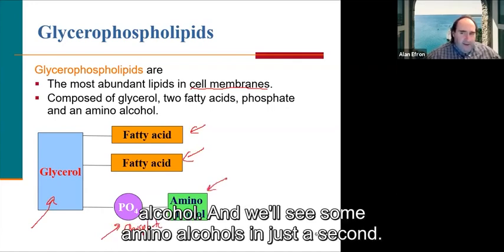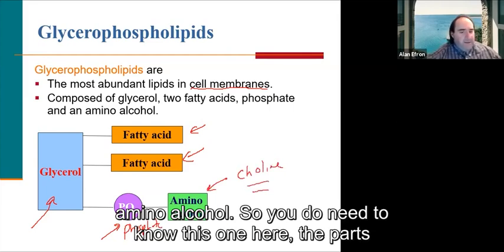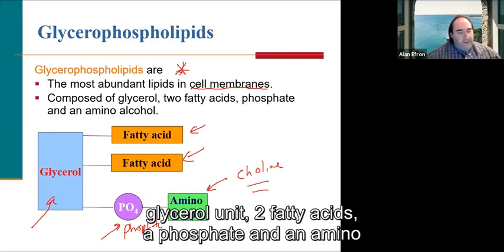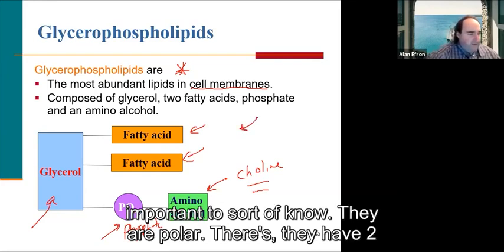We'll see some amino alcohols in just a second, but a very popular one is choline. So you do need to know the parts of a glycerol phospholipid: a glycerol unit, 2 fatty acids, a phosphate, and an amino alcohol. What's on this slide is important to know.